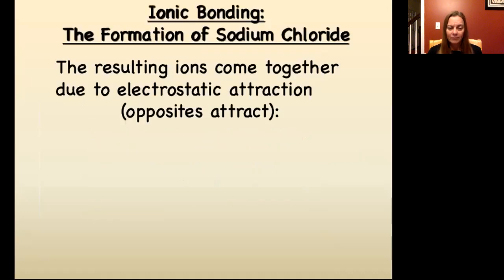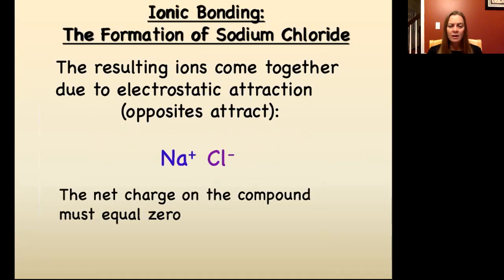So we just said, when ionic compounds are formed, ions come together due to electrostatic attraction. So we're always going to have a positive charge and a negative charge. And the net charge on the compound always has to be 0.